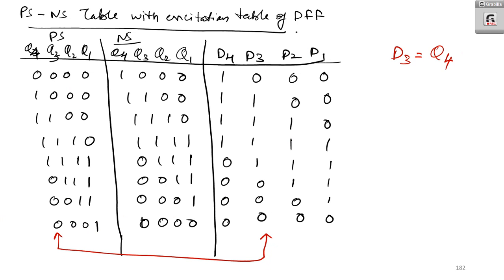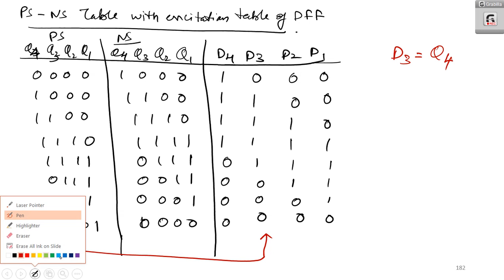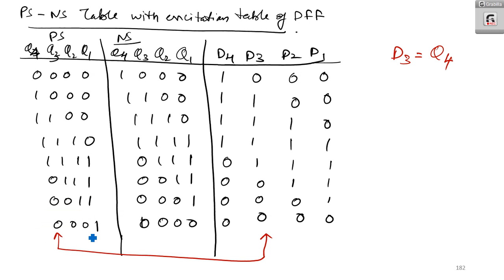Now coming into D2, if you are looking to Q3 and D2, both columns are exactly the same. Therefore, we can write D2 is equal to Q3.